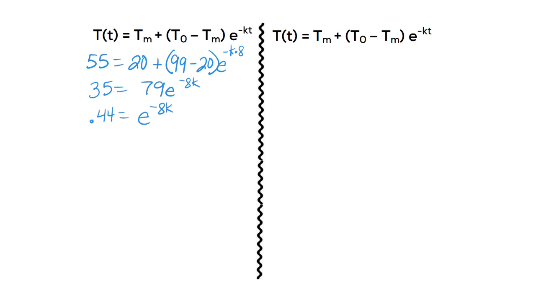And then I'm going to switch that to a natural log of the 0.44 equals the exponent. Come back and divide by the negative 8. I'm going to go grab the full value on that 0.44. Divide by negative 8. Okay, so here is my K value.